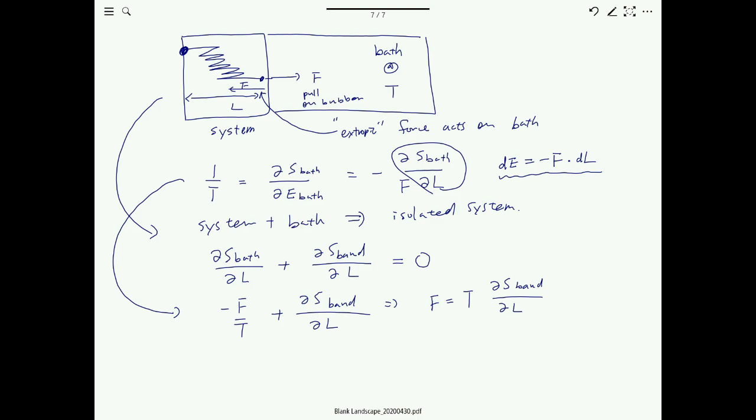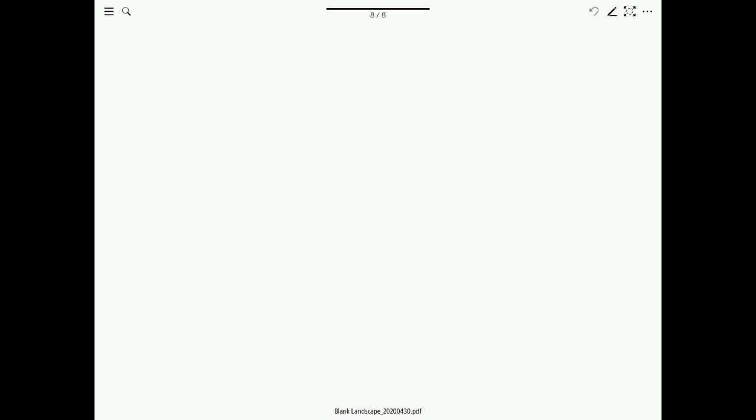Now if I have an expression for the entropy, then I can perform this partial derivative, right? So now I can use the Stirling formula. Then the entropy of the rubber band is basically kB n log n.